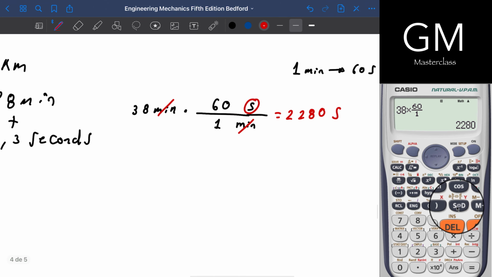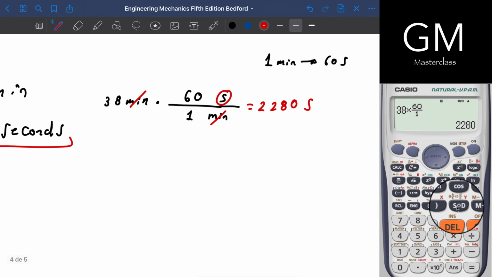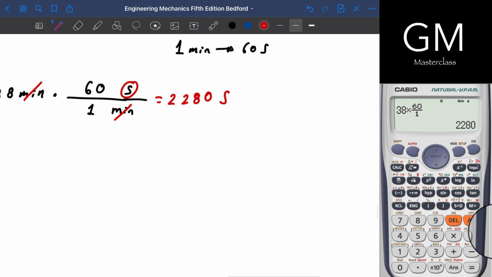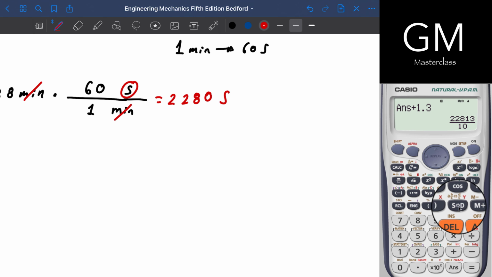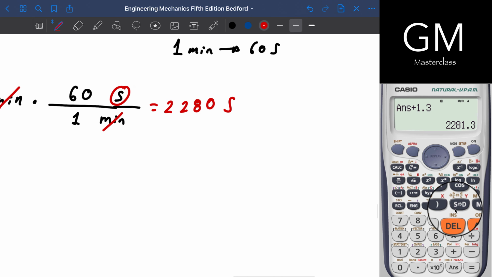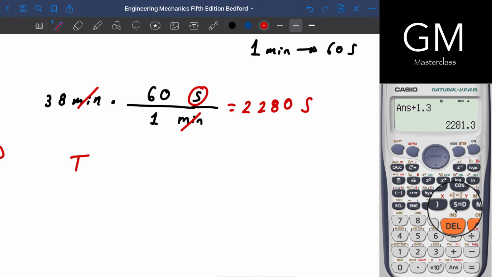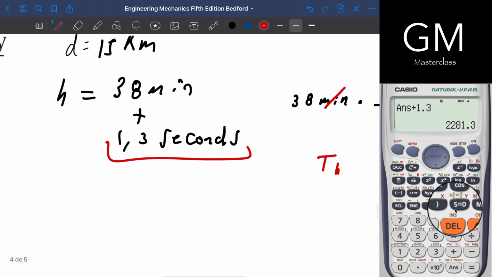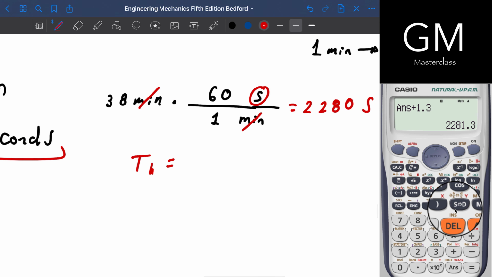And now I can add these 1.3 seconds. That is the easy part. So the total time h is equal to 2,281.3 seconds.